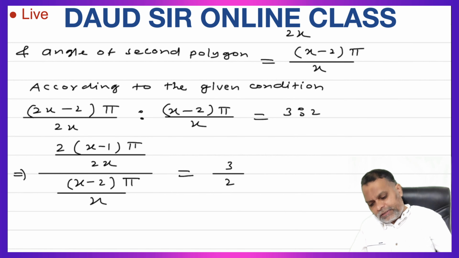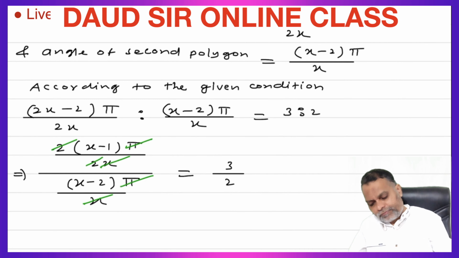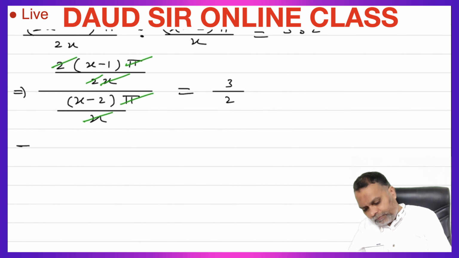Now this x and this x cancelled, this 2 and this 2 cancelled, pi and pi cancelled. Write the remaining things, which implies (x minus 1) upon (x minus 2) is equal to 3 by 2.